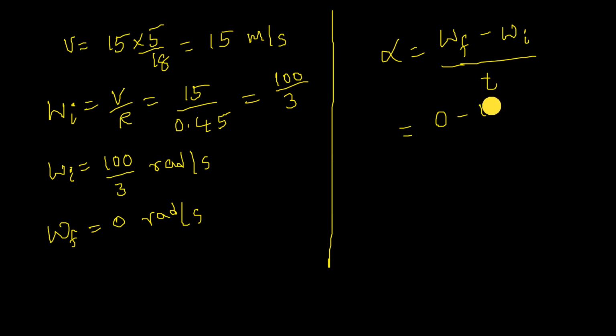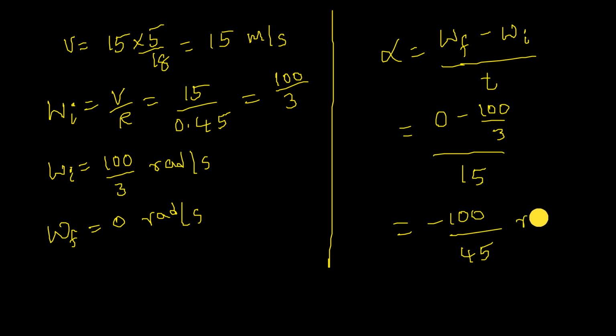Angular speed initially is 100 by 3, by time taken 15. If you do it, you'll get 100 by 45 radian per second square. Actually it is retardation, since it's going to rest, right?